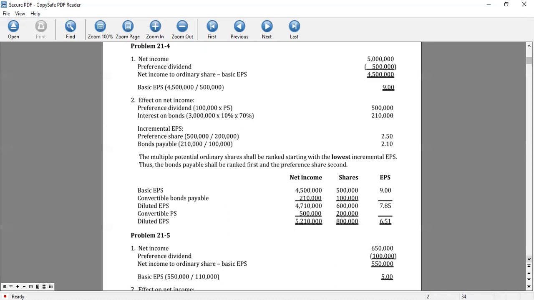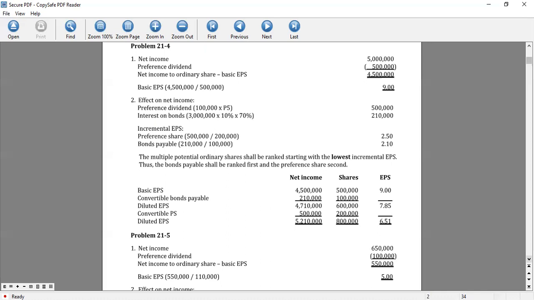So for determination of the final net income, we begin with basic EPS. Net income is 4.5 million divided by 500,000 shares.